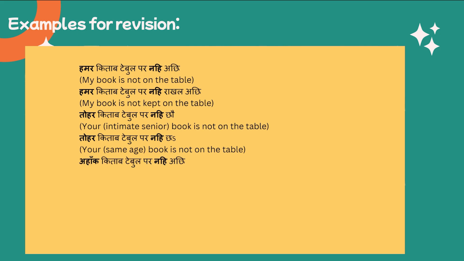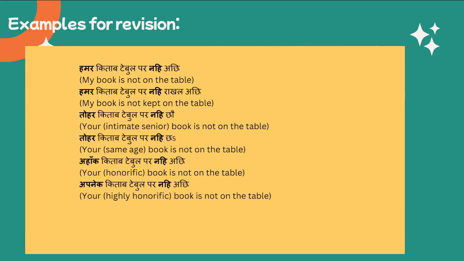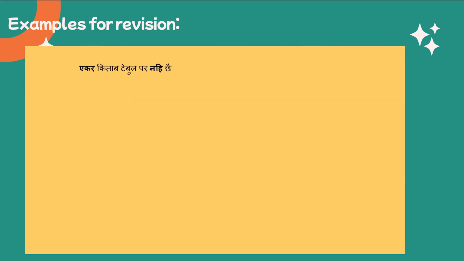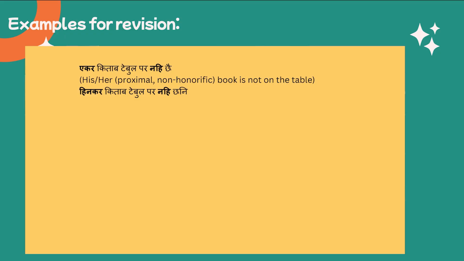अहाँ किताब टेबल पर नहीं अछि. Again your, but it is honorific. Then अपने किताब टेबल पर नहीं अछि. Your book is again not on the table. Next, एकर किताब टेबल पर नहीं छै. So it is basically his or her book is not on the table. हिनकर किताब टेबल पर नहीं छन्.